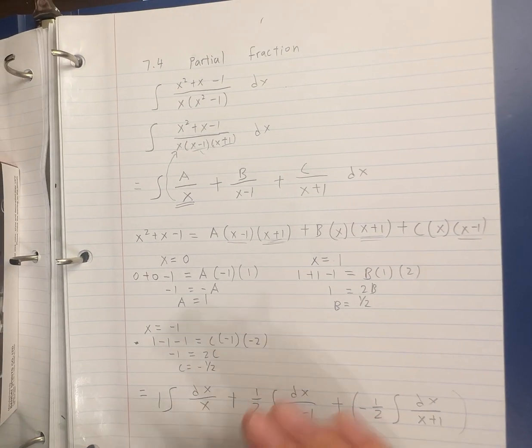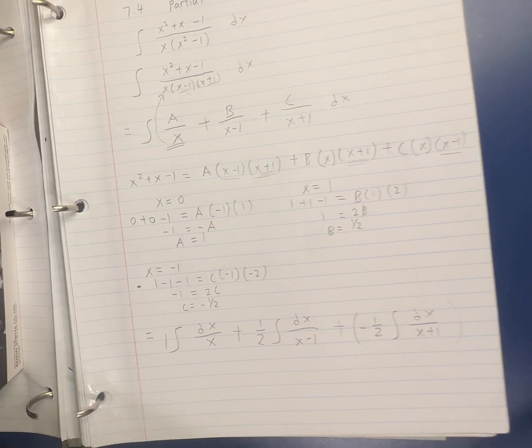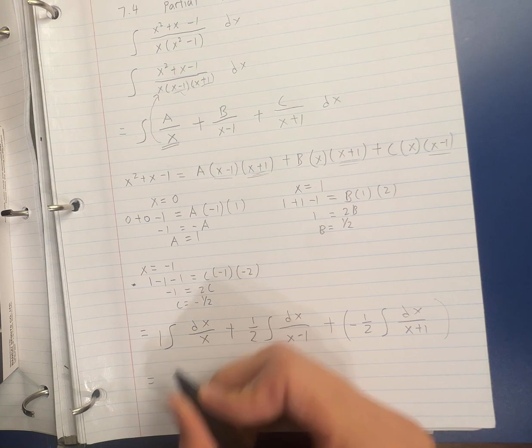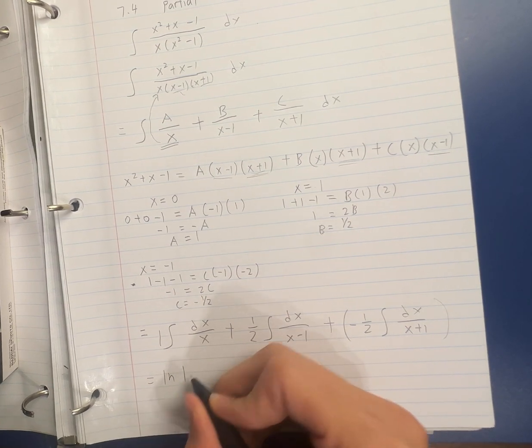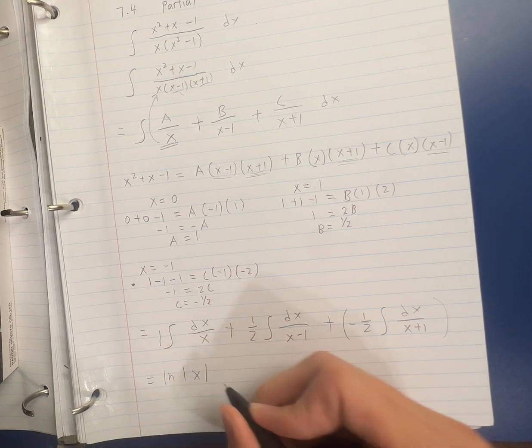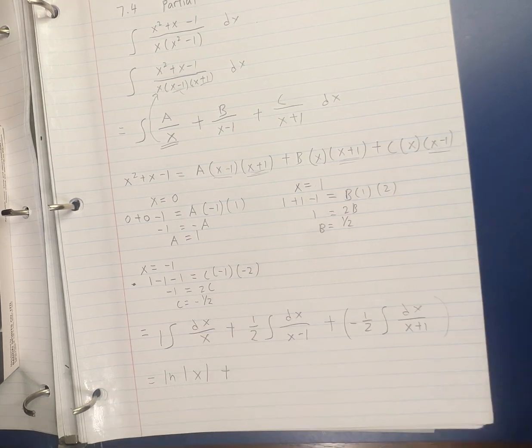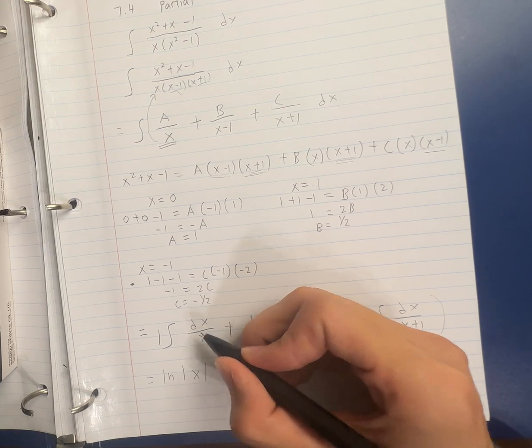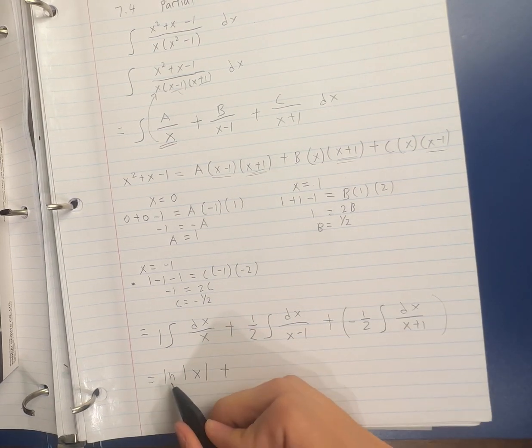So for the last step, we can use ln x, plus, because you can understand this as 1 over x, right? And then you can turn it into ln x.